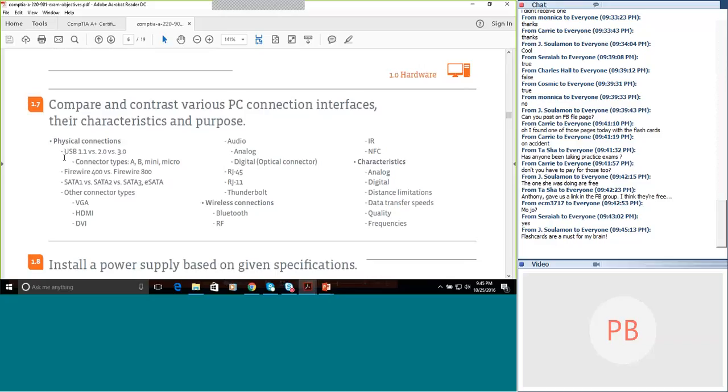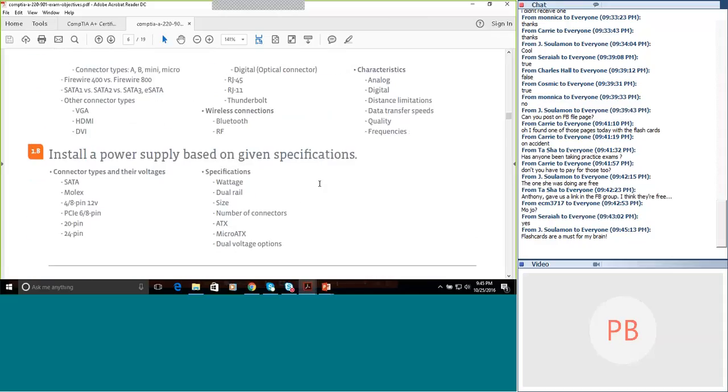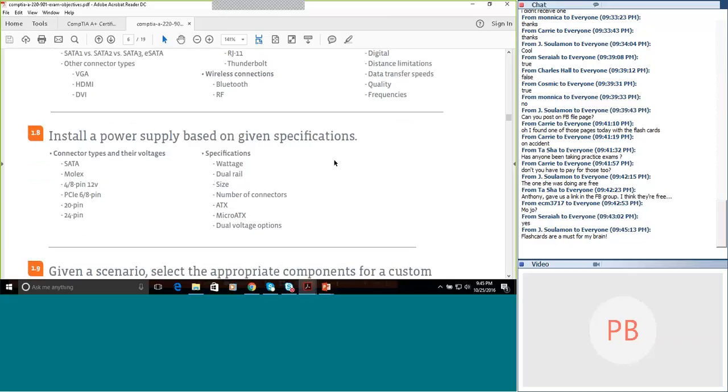We're going to talk about the difference between USB 1.1, 2.0, 3.0. It's a speed difference. All of this stuff is going to be part of the objectives that we need to familiarize. Pin counts. You're going to see some questions about pin counts. You would drive yourself crazy trying to figure out, oh, this kind of memory has this many pins, this kind of connector has this many pins. But they will ask you that.